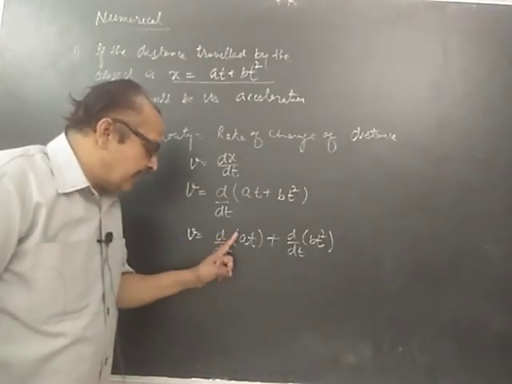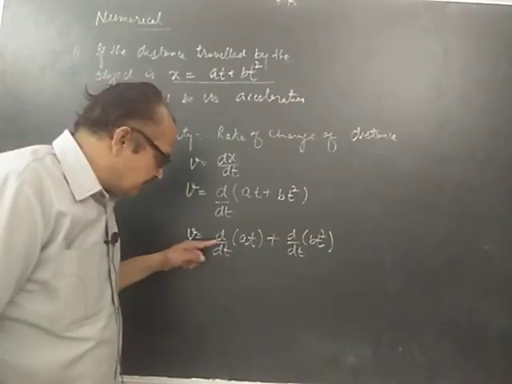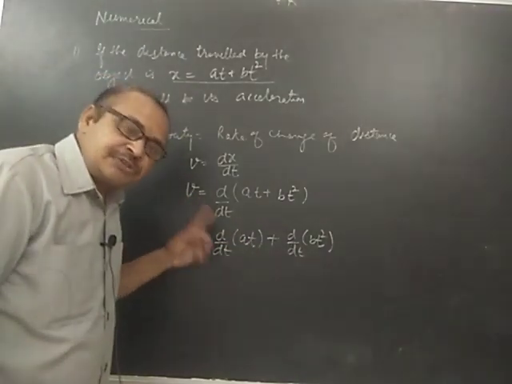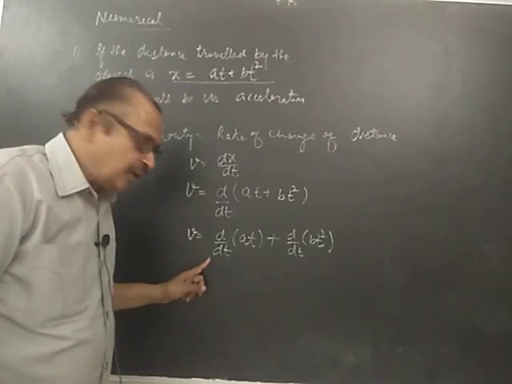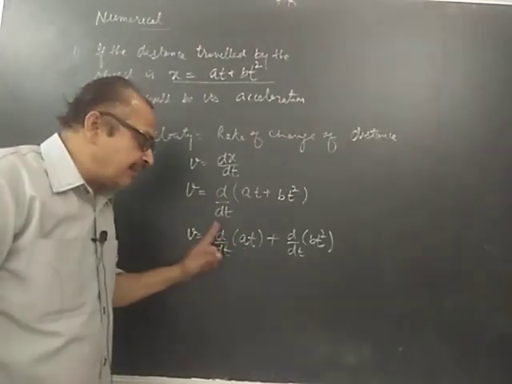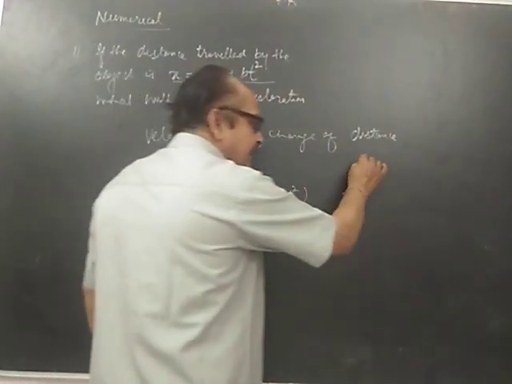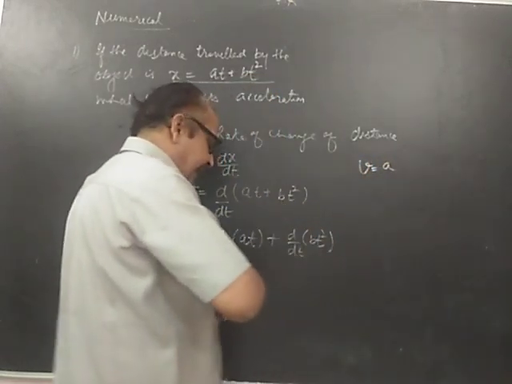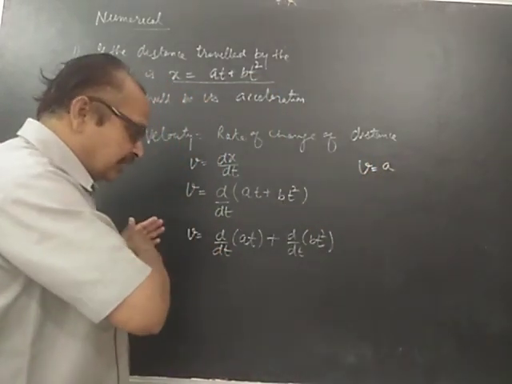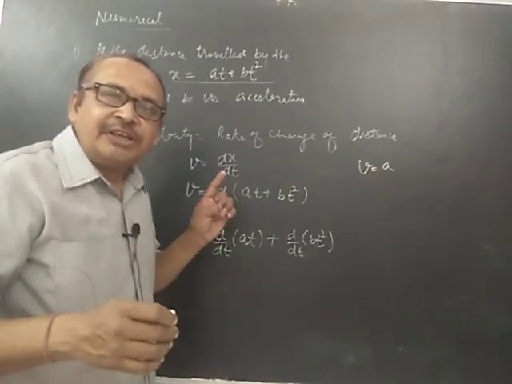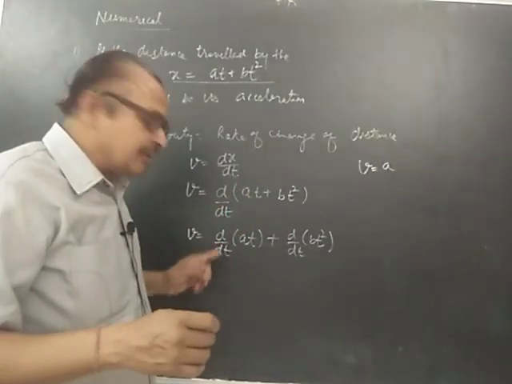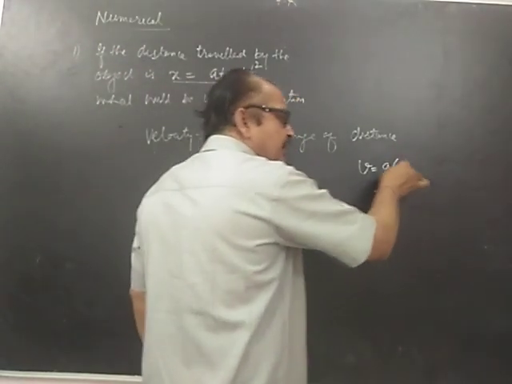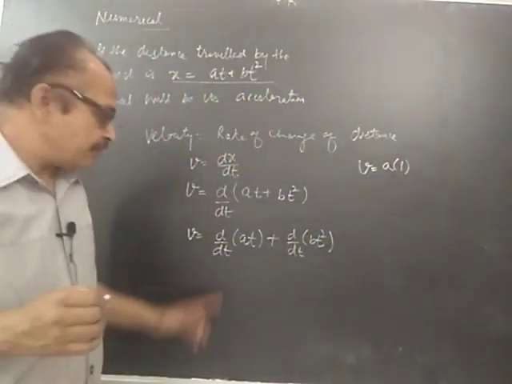Okay, very good. Now a is constant, because we have to differentiate with respect to t. So whatever is other than t will come out. So what will I get? v is equal to a, which is constant, and the derivative of t, dt by dt, is 1.